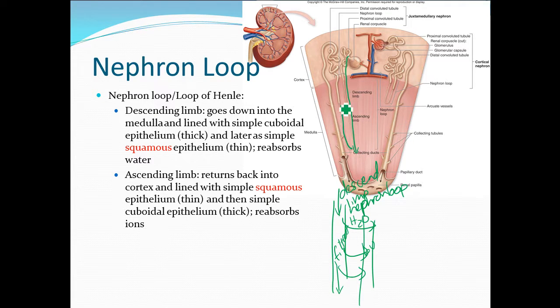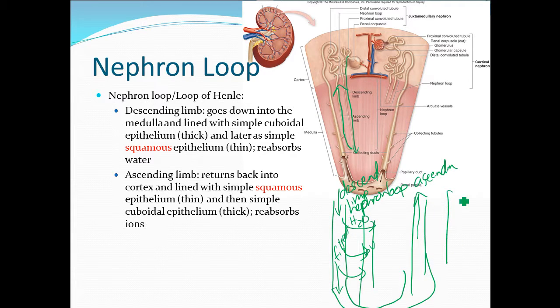Okay, ascending limb. We said, what's its main function? To reabsorb ions, okay? So if you're reabsorbing ions, what's happening to the concentration of the filtrate? So now we're going up the ascending limb here. And just say this is the nephron loop here. So ascending limb, the blood vessels next to it.